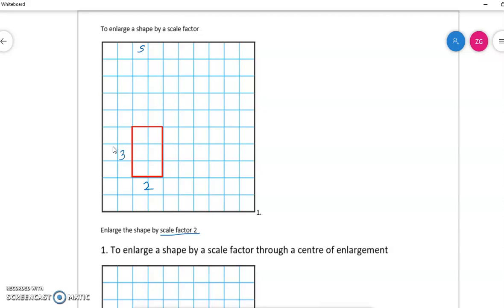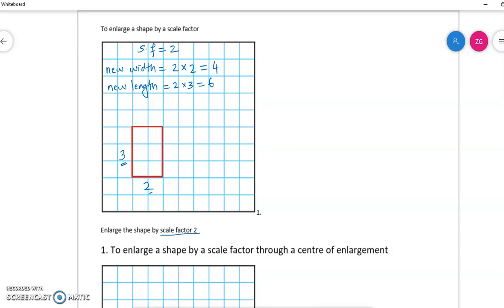Since the scale factor is 2, my new width will be 2 times the original width. The original width is 2, so the new width will be 4, and the new length will also be 2 times the original length of 3, so 2 times 3 is 6. So my image will have dimensions 4 and 6.